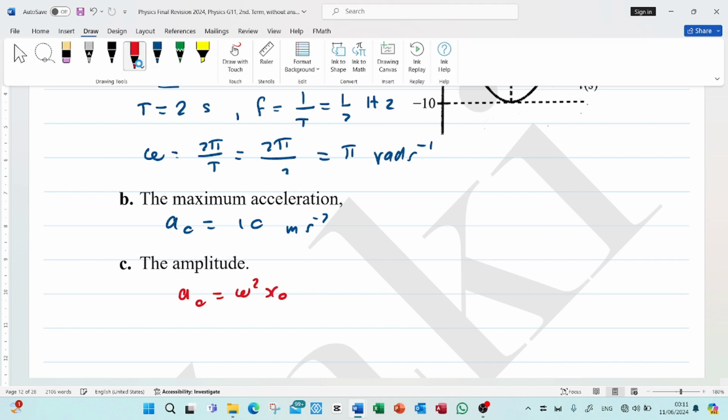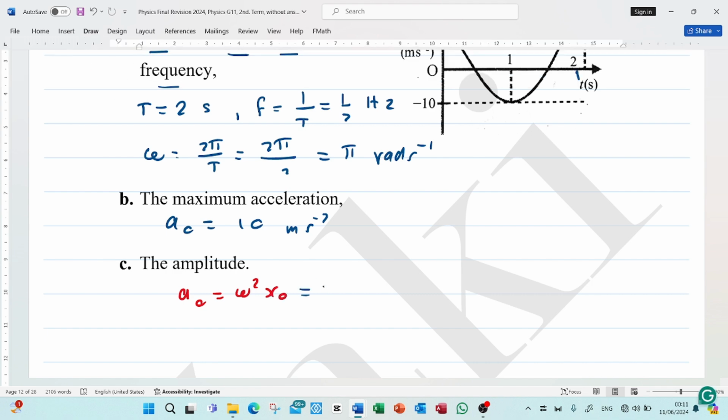Then this equals 10. Already we have omega, so pi squared x naught equals 10. From this we can get x naught, it's 10 over pi squared. So the answer is 1.01, the unit is meter.